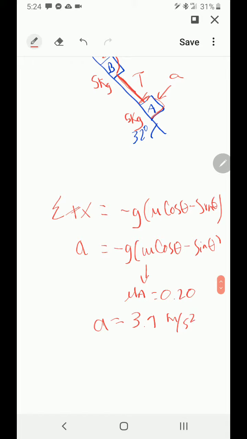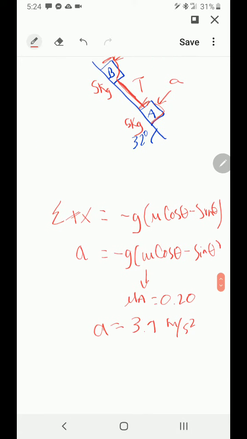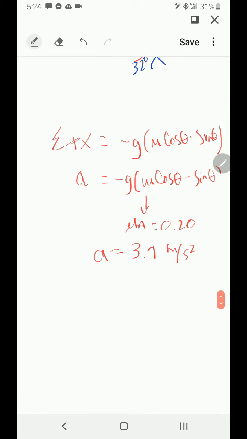And then when you have that acceleration, you plug in the numbers and you get the tension. Basically in the exam I got 3.5 for the acceleration, and the tension was 2.2 and I got 2.07.